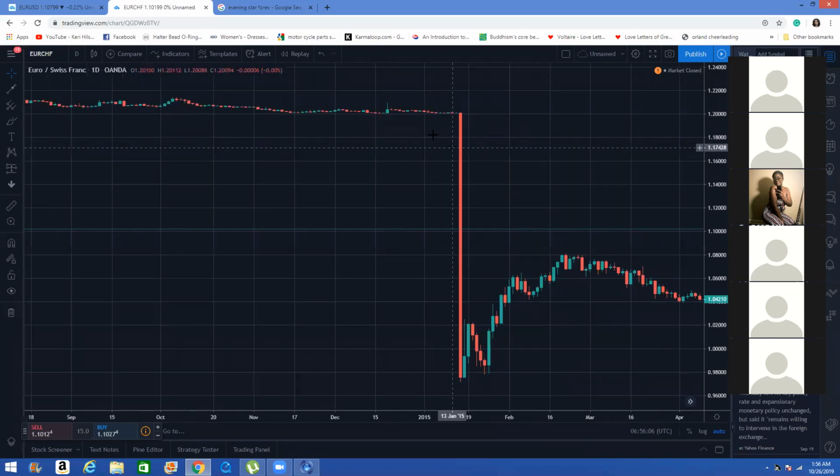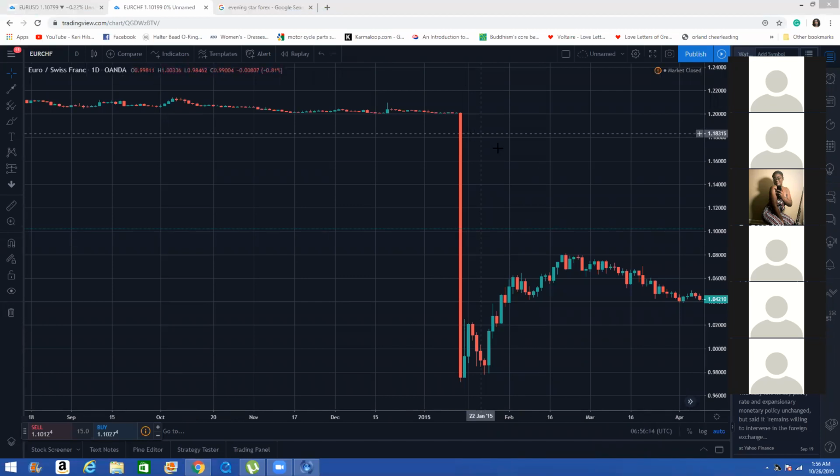So what happened was they saw that everybody was holding a buy because they said it would never go any lower. So that means that if it did anything, it would go higher, right? So everybody was holding a buy.